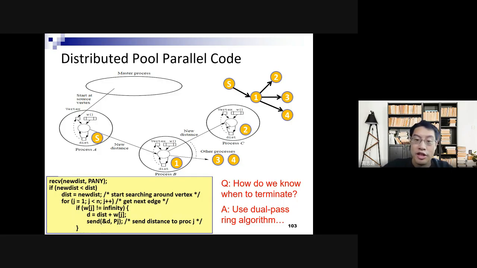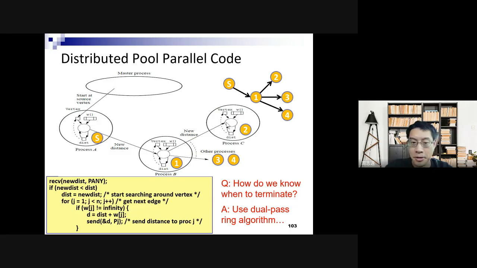So there is a time difference. When you check the local condition and the work pool is empty, it doesn't mean it will stay empty, because the next second the message may arrive and generate a new task. Then you should keep running. You cannot terminate too early.